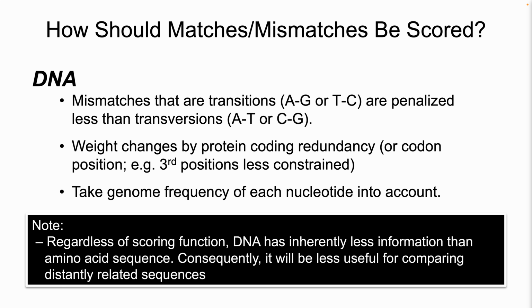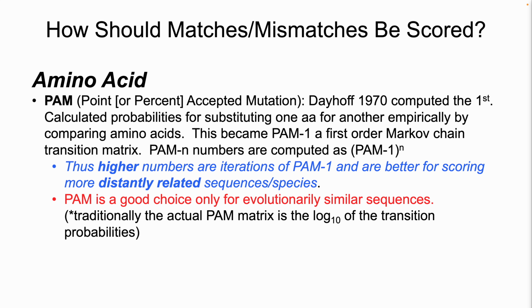So way less likely to have a random match. Okay, so going back to this, how should things be scored? One of the early efforts to say, how do we score mismatches in protein sequence was the PAM matrix.